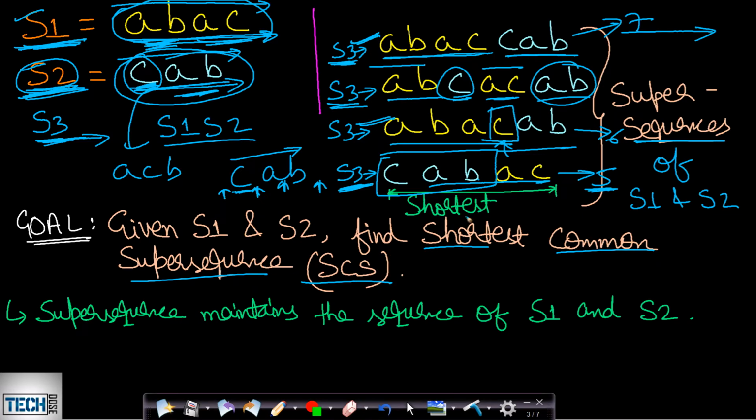So our goal is to find the length of this shortest common supersequence, and our second goal is to find what this supersequence really is. That is, we want to find this string S3. So the supersequence maintains the sequence of S1 and S2.